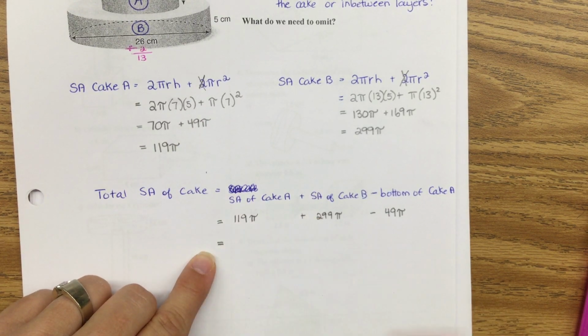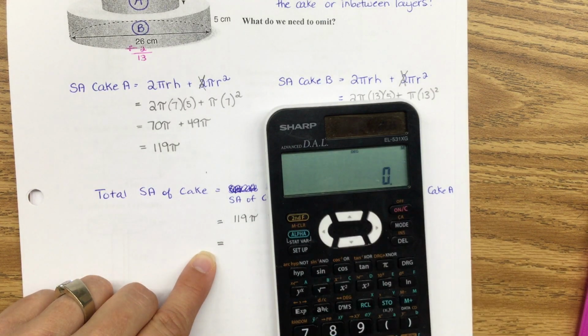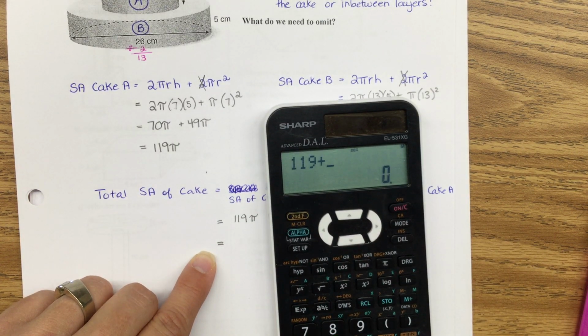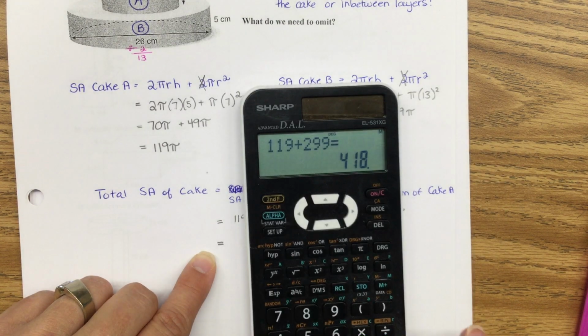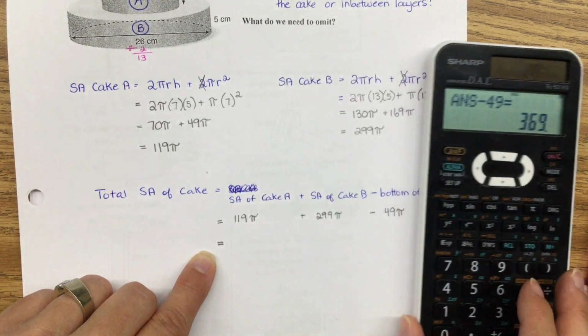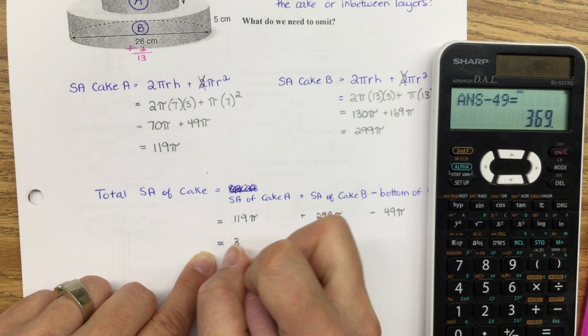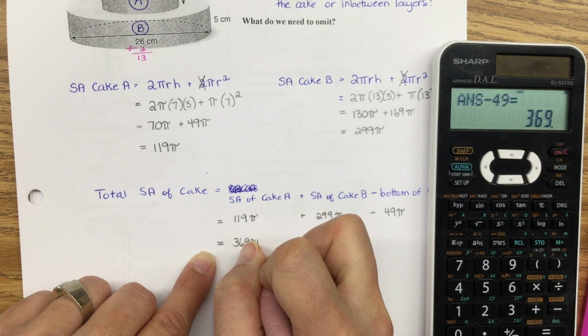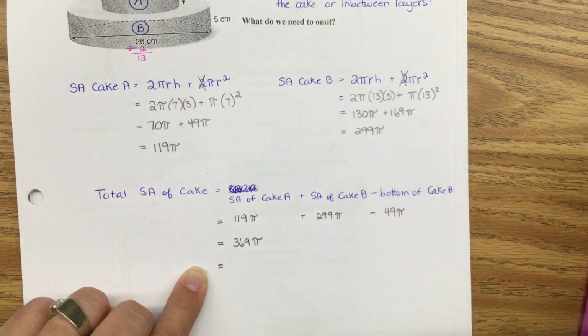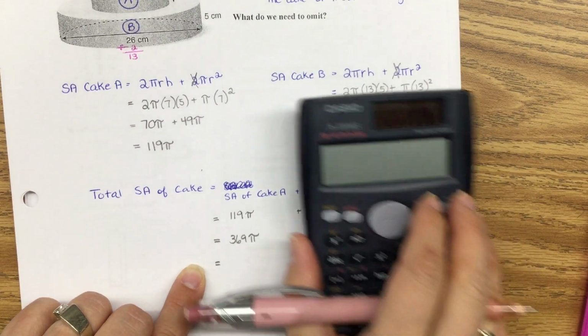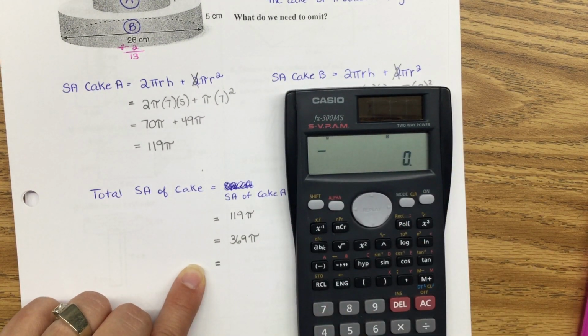So now we can simplify this. 119 plus 299, and then we're going to subtract 49, gives me 369 pi. Now let's multiply that by pi so we can find out our total answer.